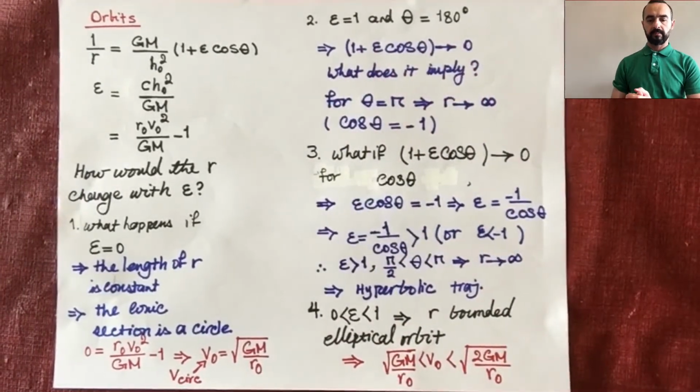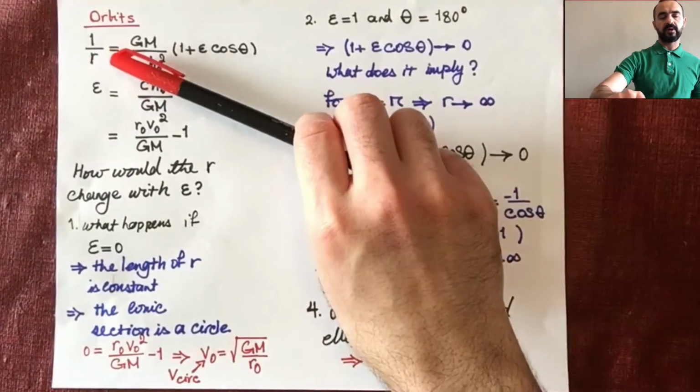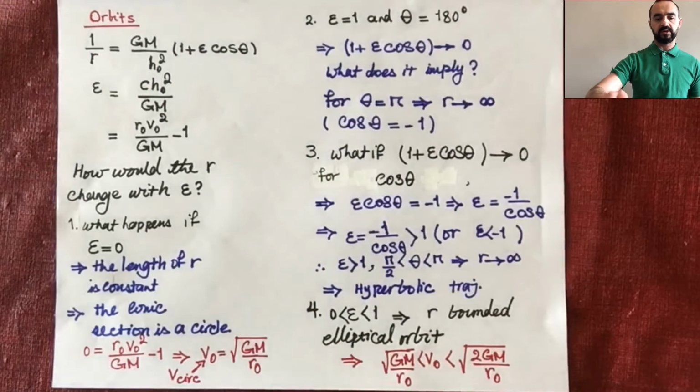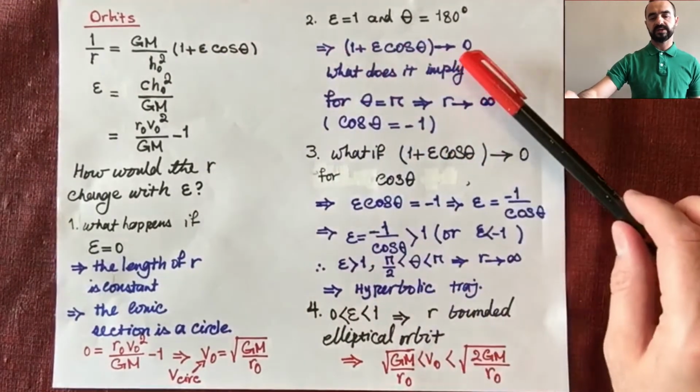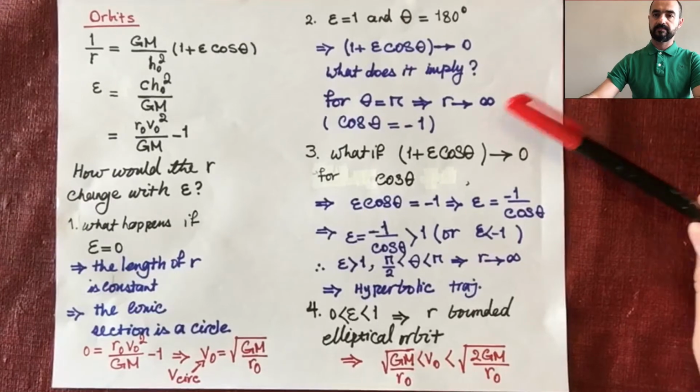Agreed? So 1 plus epsilon cosine theta goes to 0, which means 1 over r goes to 0 and r goes to infinity.